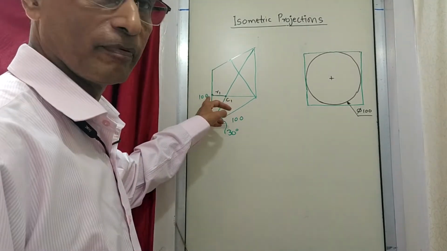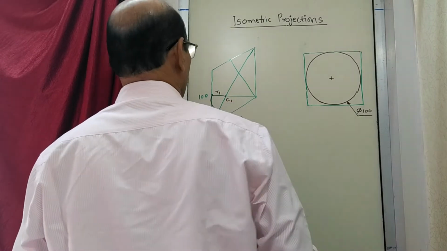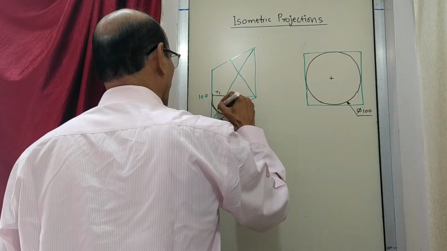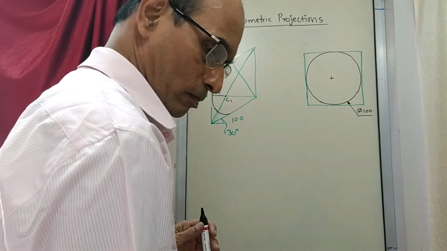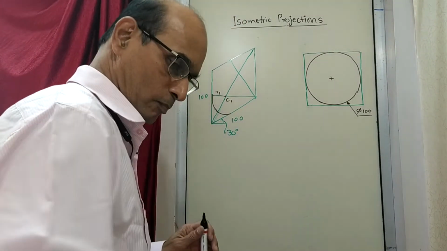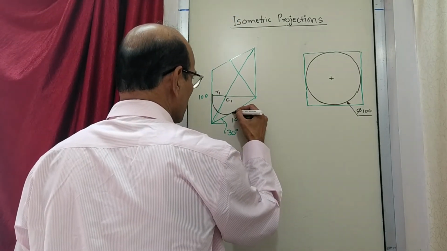Draw an arc of this radius. When you draw, it will come like this. That arc will come and touch here, the midpoint of this side.